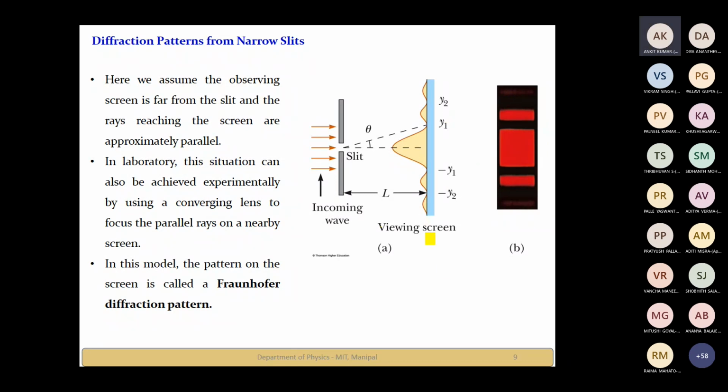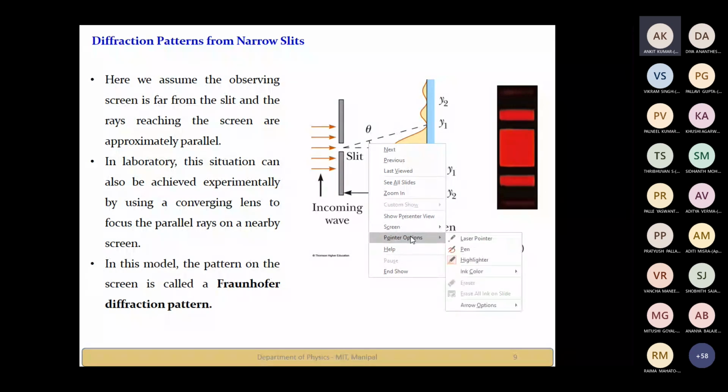Now, you may be thinking how the superposition is taking place over here. So please recall my discussion when I was talking about the interference. There we chose something called width of the slit. Width of the slit is A, right?